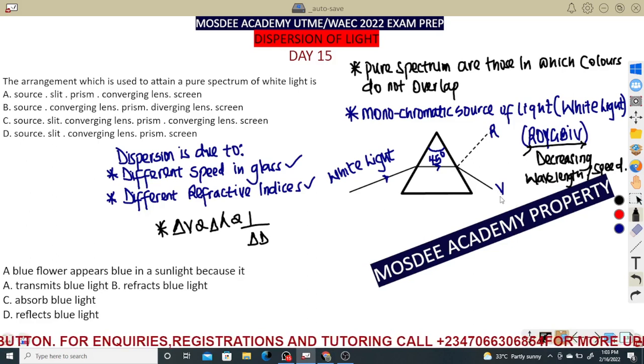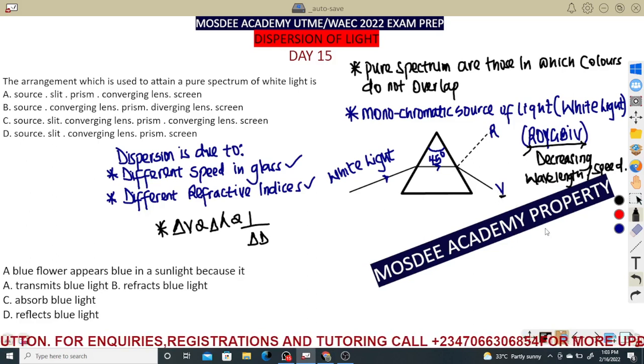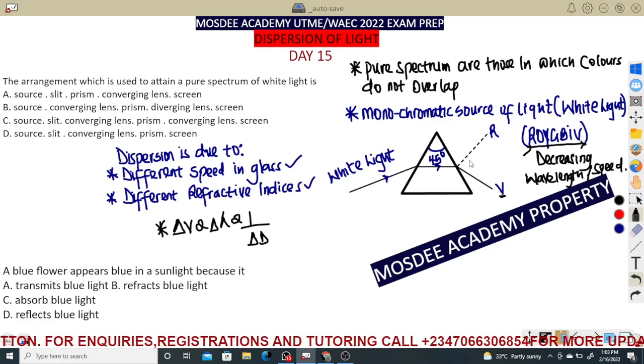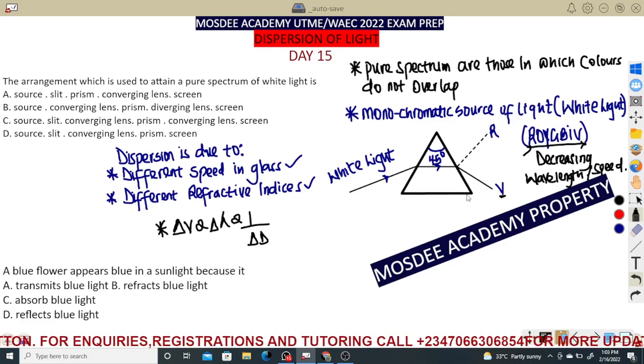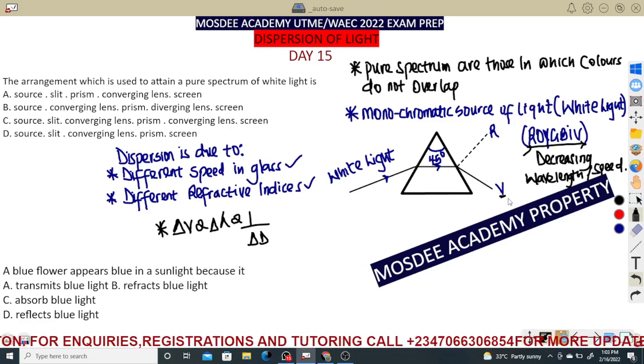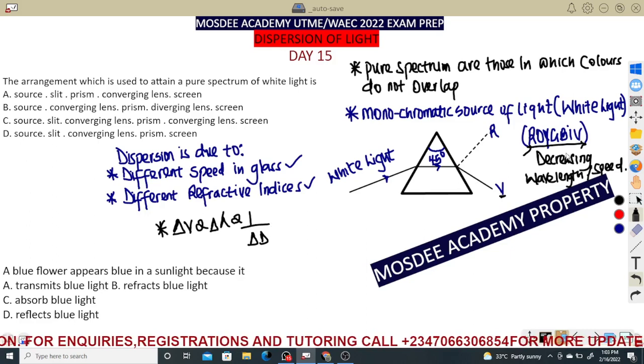You can see it's violet. Violet is coming downward most. In terms of deviation, violet is more deviated. Deviation means the one that is far away from the light. Look at where violet is. Violet has the highest deviation. So if this is decreasing wavelength, what happens? It is now increasing deviation.